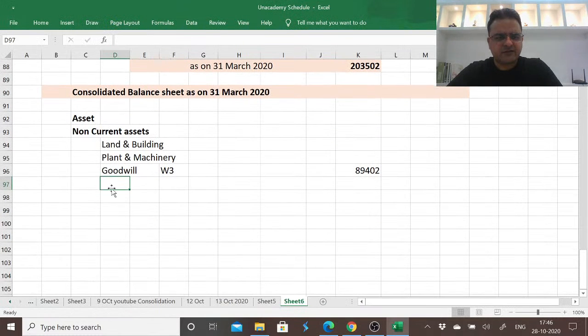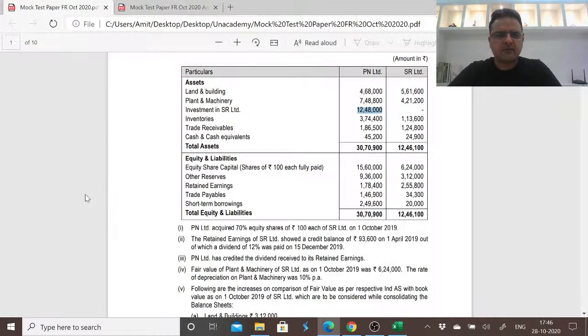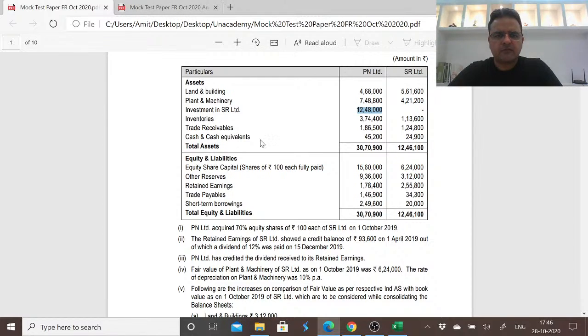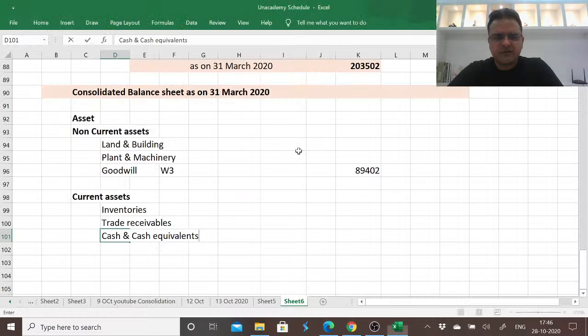Then among the current assets, it is inventories, trade receivables, cash and cash equivalents. So let's total the asset side first, and then we'll see the other area.